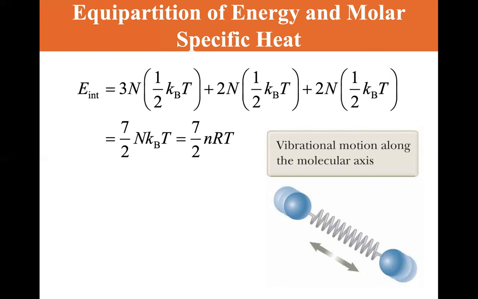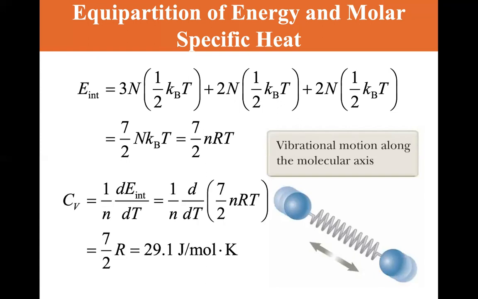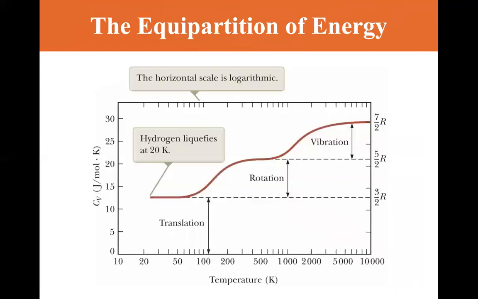So we have 3N times 1/2 kBT plus 2N times 1/2 kBT plus 2N times 1/2 kBT, which gives us 7/2 NkBT equals 7/2 NRT. Going through the same juggling that we did for CV, substituting the 7/2 NRT into the CV equation, we get that CV is equal to 7/2 R, which is 29.1 joules per mole per Kelvin.